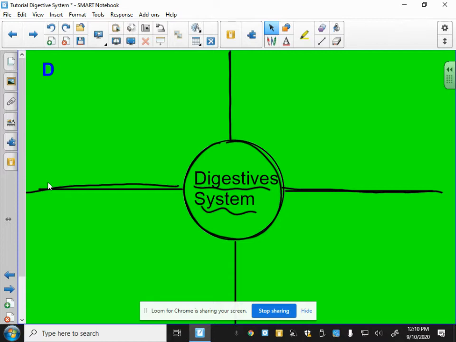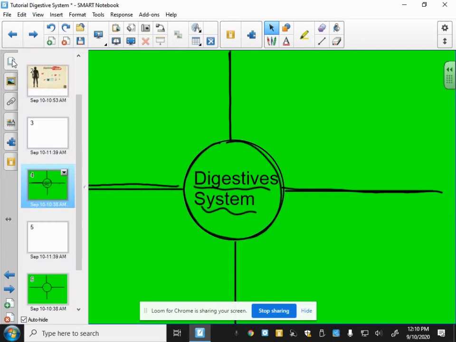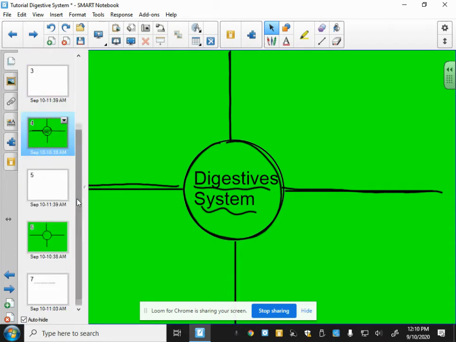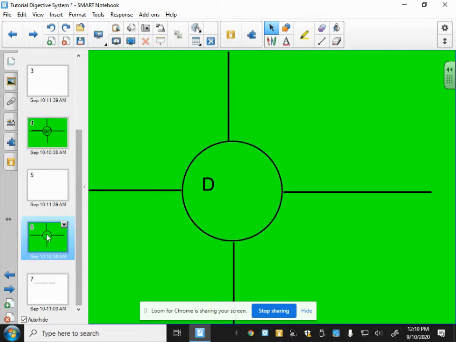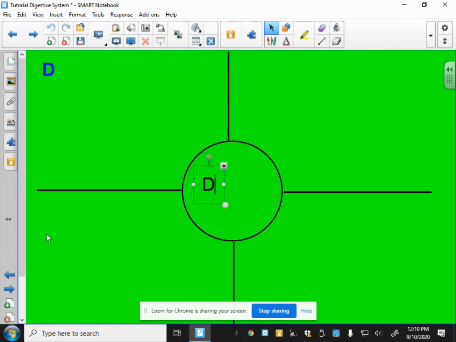I'm going to move rather quick as I take my notes, but this is a tutorial. You have the option to pause the video anytime and write the notes, especially if I'm going too fast. Okay, so in the middle, go ahead and put digestive system.